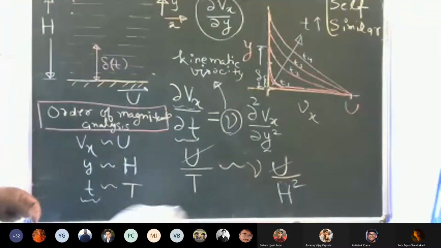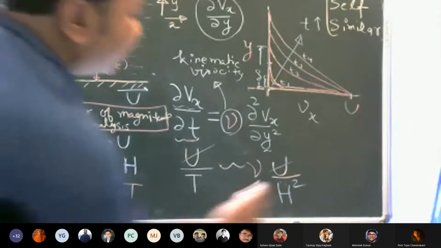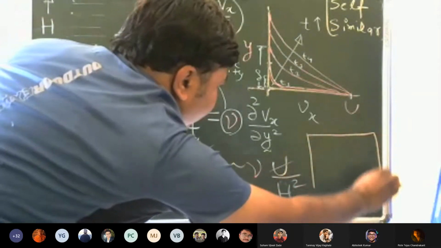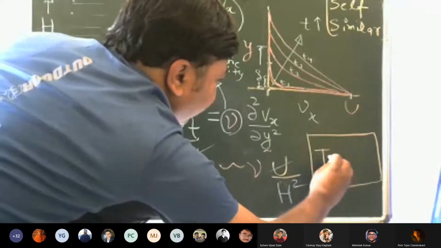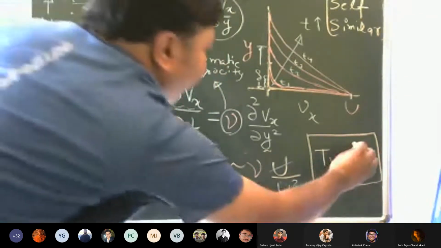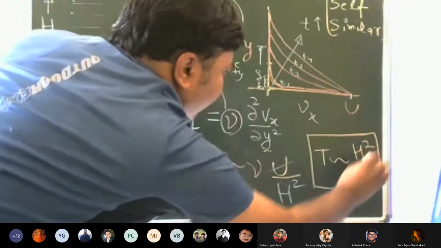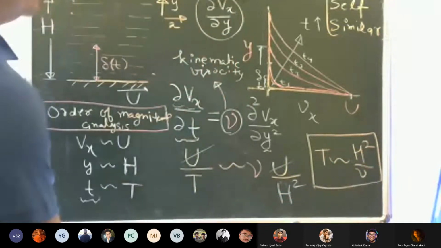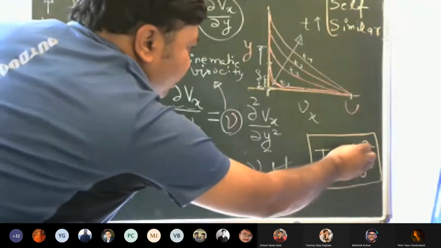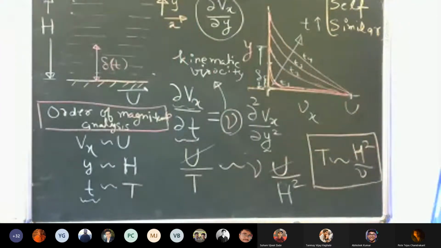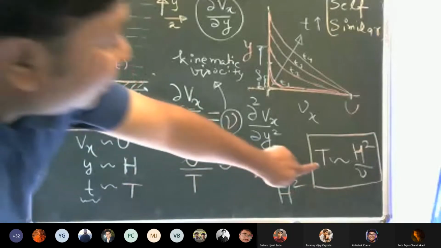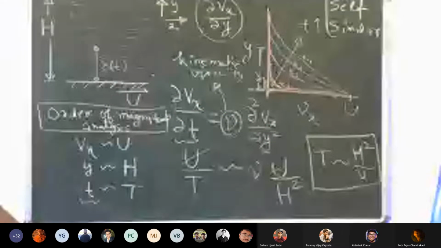So if you see here, the order of magnitude of t is h square by nu. So by knowing the order of magnitude or characteristic value of the other two physical quantities, we now know that if your time is of the order of h square by nu, then both terms will survive.